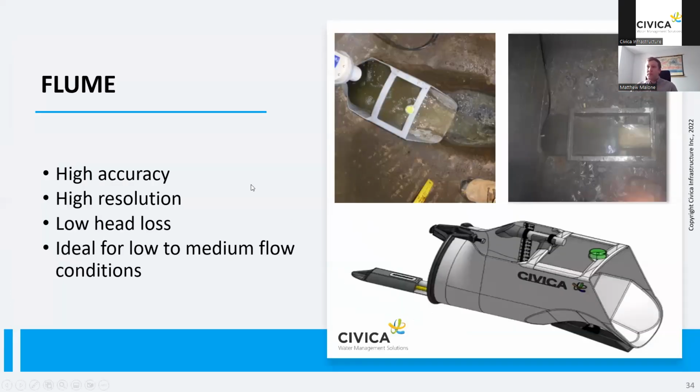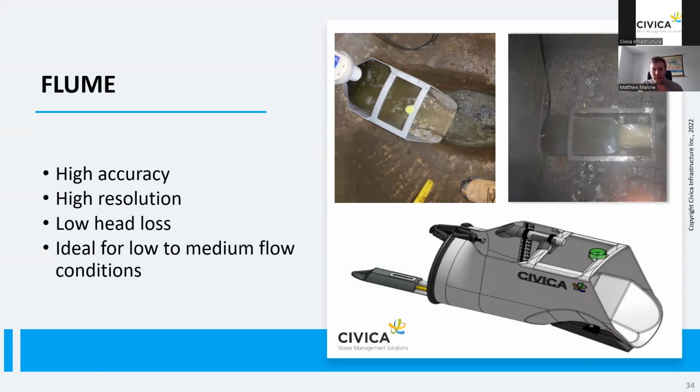Here are a couple of examples of those installed. At the top right, we have a stainless steel flume installed. We started 3D printing, and most of the ones that we're installing now are 3D printed, so we can customize them.